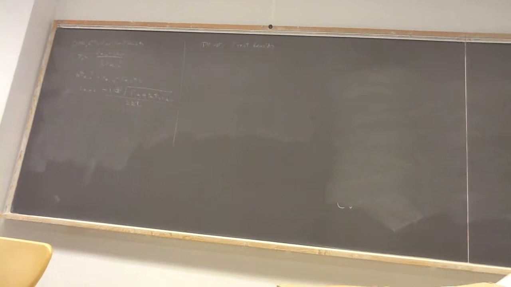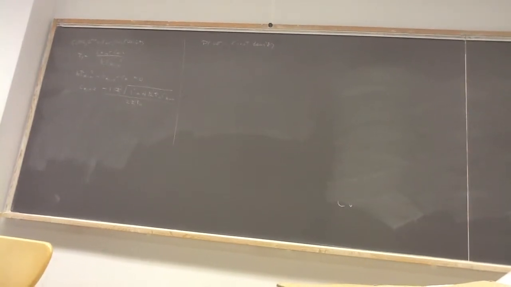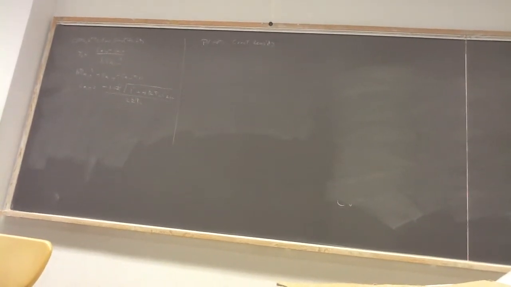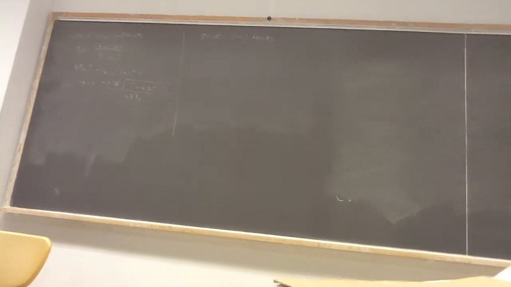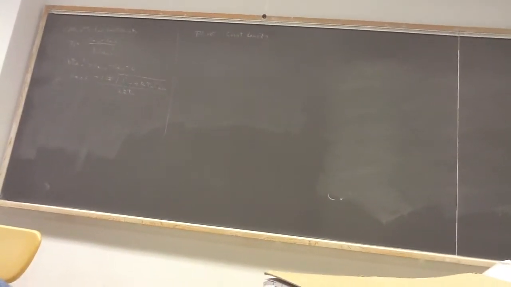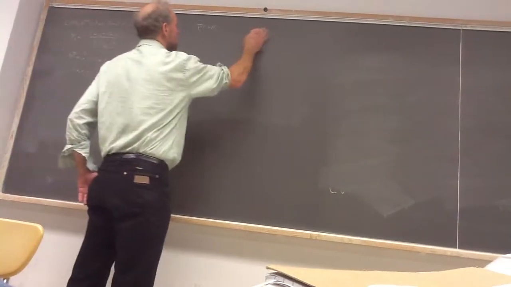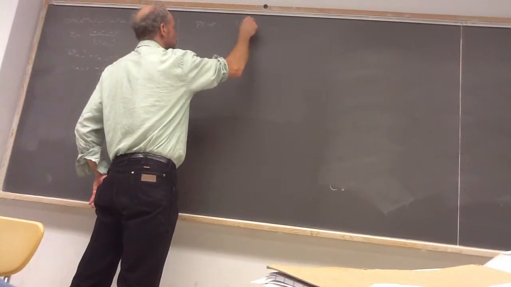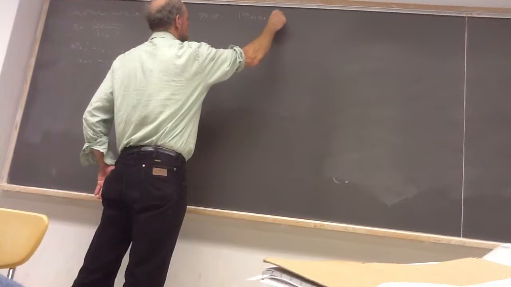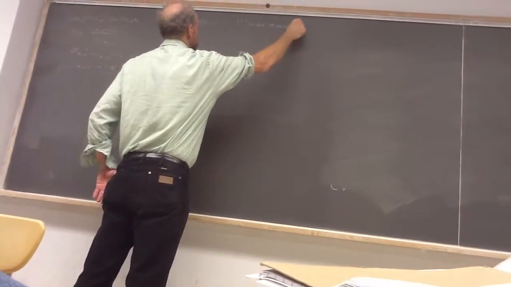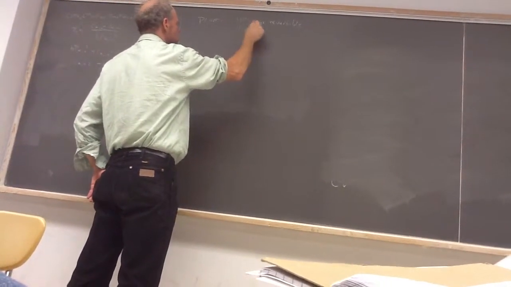Let's do it with constant density and then without constant density. No, let's just do it without constant density. See how nasty it gets. First order reversible, with linear volume expansion.